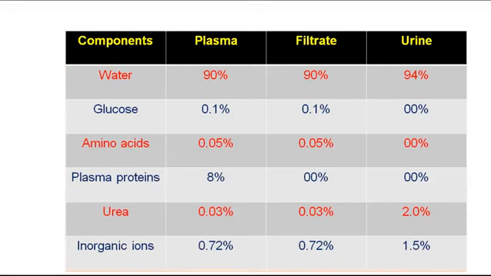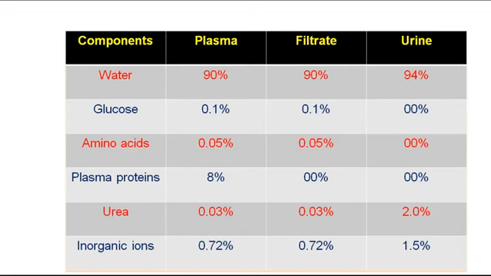Here in this table, the composition of the plasma, filtrate and urine has been shown. Water is 90% in plasma and filtrate, but water is higher in urine, 94%. Glucose, 100 mg per 100 ml, that is 0.1%, was the same in the plasma and filtrate.